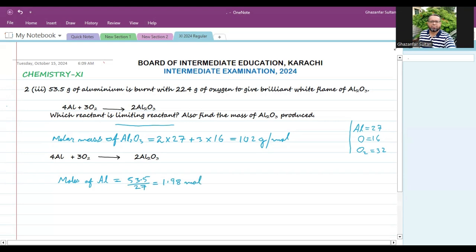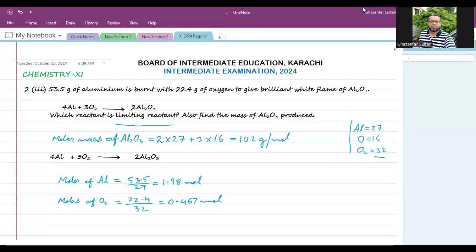Also calculate the moles of oxygen. 22.4 is given, divided by the molar mass, that is 32, and its number of moles is 0.467 mole. So these are the given numbers of moles. We have just converted the given masses into numbers of moles.